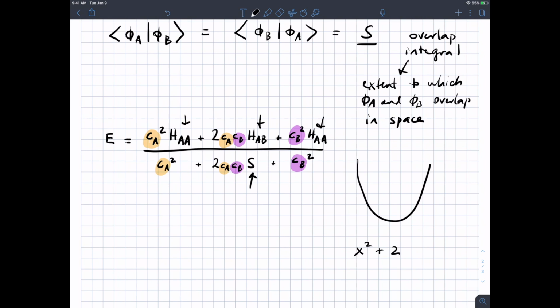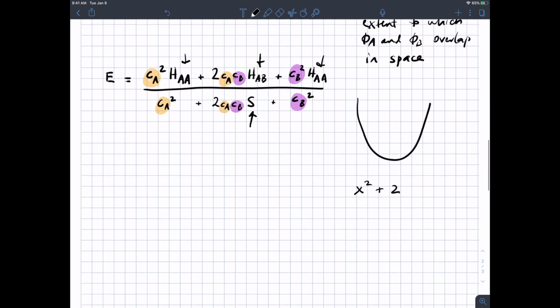We're going to find the value of CA that gives us a minimum in energy by taking the first derivative of energy with respect to CA. So that would look something like this. First derivative of energy with respect to CA equals 0.